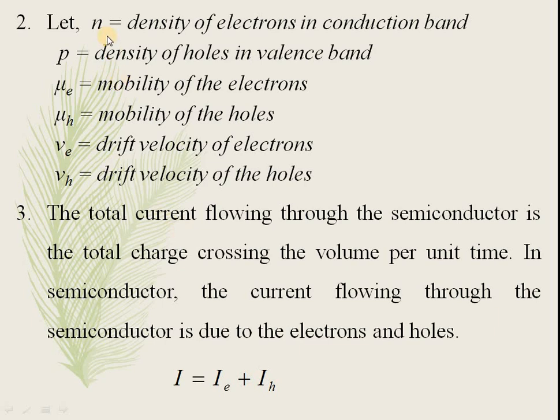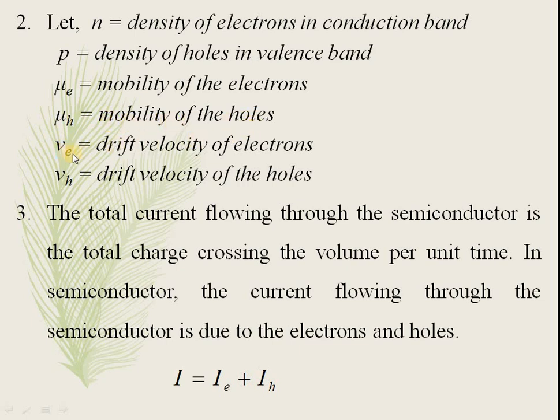Let us consider some parameters. n is the density of electrons in the conduction band, that is, the number of electrons present in the conduction band. p is the density of holes in the valence band, that is, the number of holes present in the valence band. Then mu e is the mobility of electrons, and similarly mu h is the mobility of the holes.